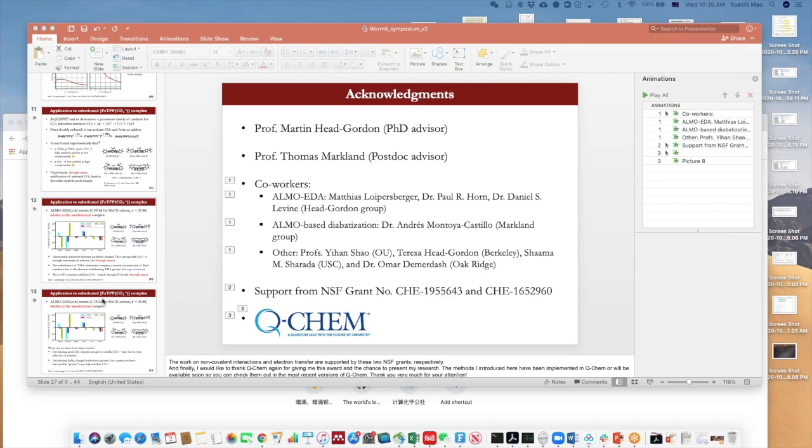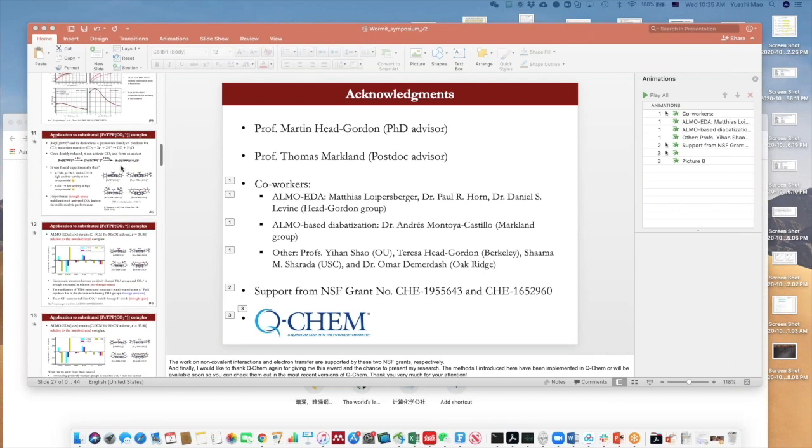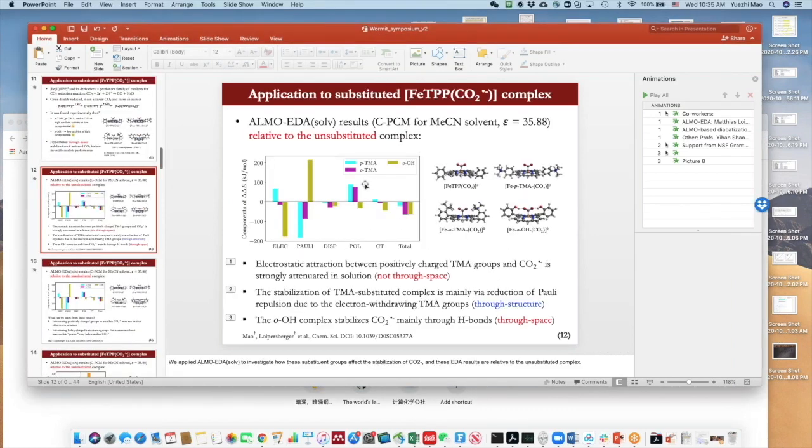But for the energy decomposition results I show here, I didn't do things like harmonic frequency calculation to calculate the reaction free energy. So these are still more like enthalpy calculations with a correction from the solvation free energy. The electronic energy is without the entropy correction.